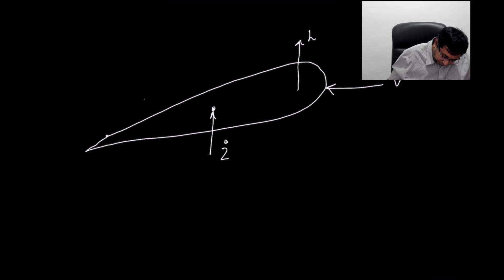So if I were to write this, I can write this as V, and this as z dot, which means my effective velocity is in some particular direction.